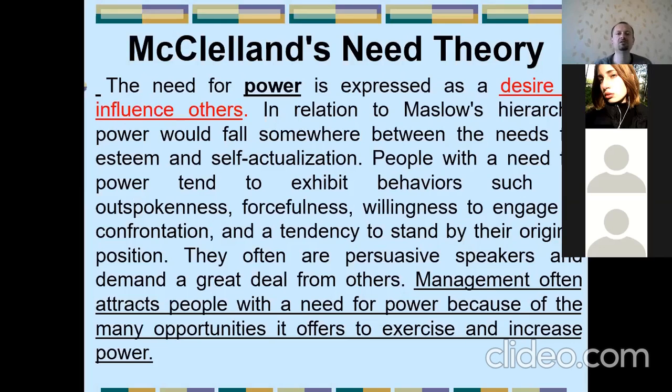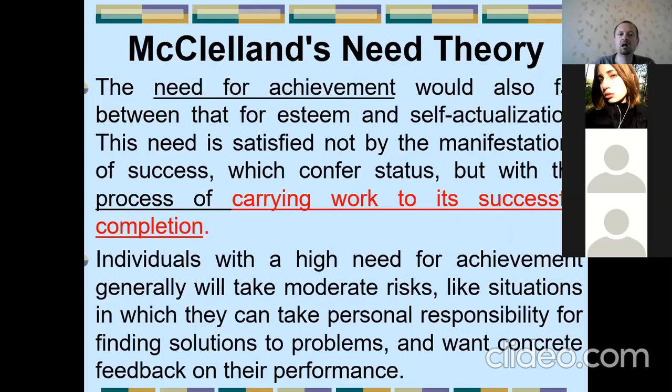Power means that somebody likes to influence others, and if you provide a position as a manager, for example, vice manager, for somebody, it could also be a piece of motivating. The second, needs for achievement, means that it is pleasant to feel that we have performed some activity.